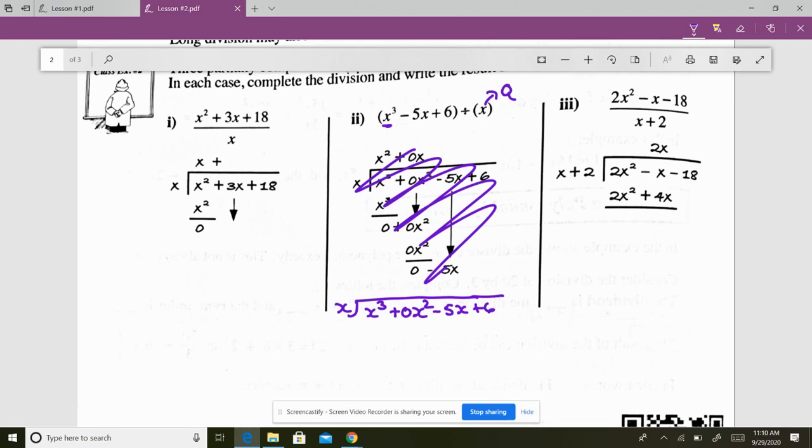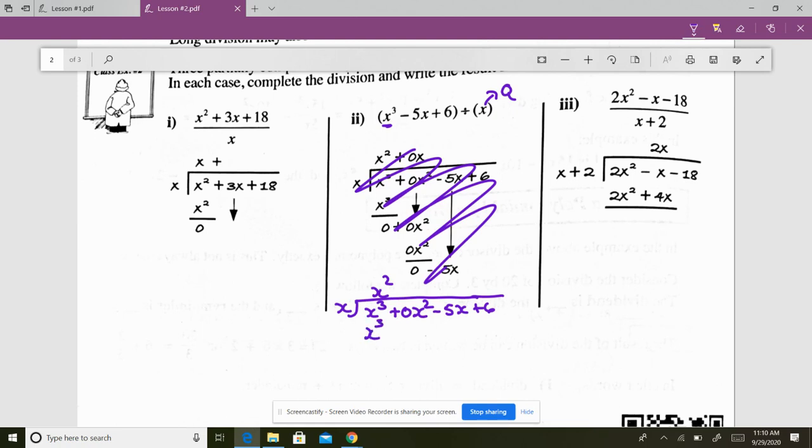All right, are you ready? Okay, so what you do is you start with the x, and you go, what do I multiply this x by to get x cubed? X squared, right? If I multiply by x squared times x is x cubed.